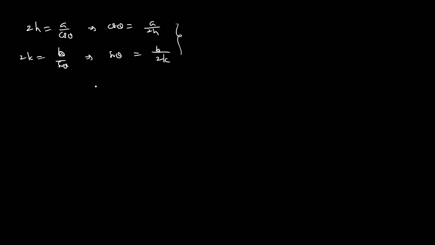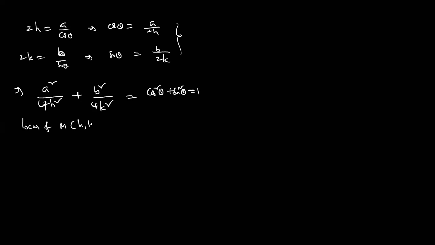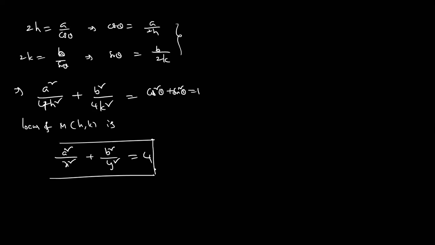Squaring on both sides and adding them, a square by 4h square plus b square by 4k square is equal to cos square theta plus sin square theta, which is 1. Therefore, the locus of M(h, k) is a square by x square plus b square by y square is equal to 4. That is the answer.